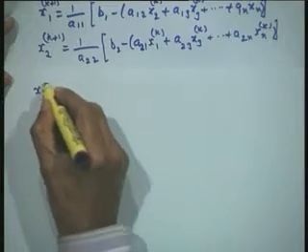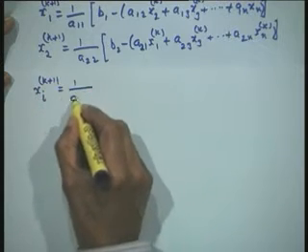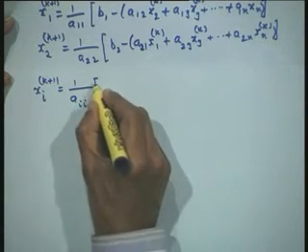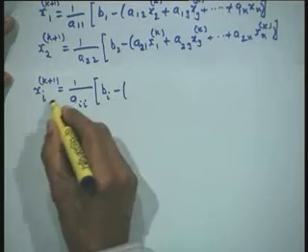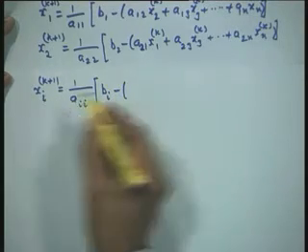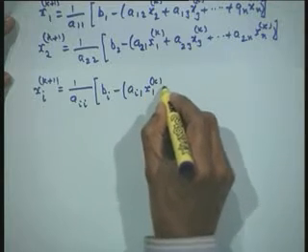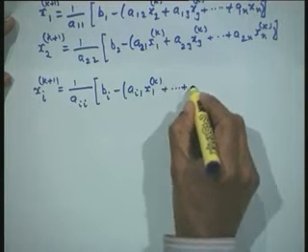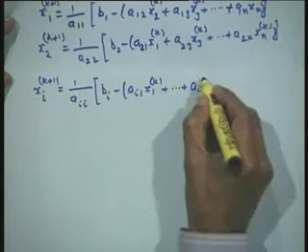I can write down any i-th variable. The current iterate is x_i^(k+1) = 1/a_ii, and the right hand side is b_i minus all the terms up to x_i, that is a_i1 x1^k + and so on up to a_i,i-1 x_(i-1)^k, the one previous to this.